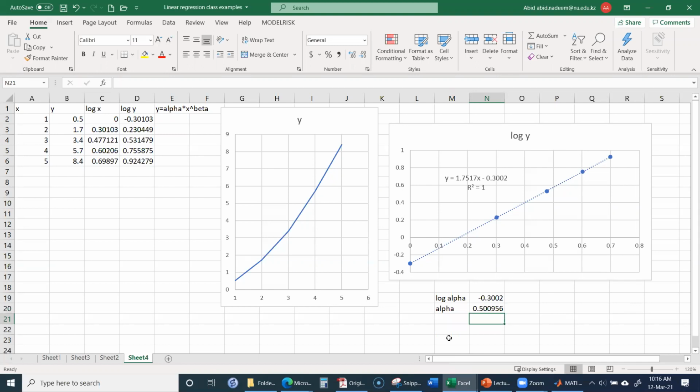Yeah. So this will be the value. Okay, and then beta is directly this one. Beta is this because this is the log term. Okay, so log of beta is 1.7517. Okay, so that is the log of beta.